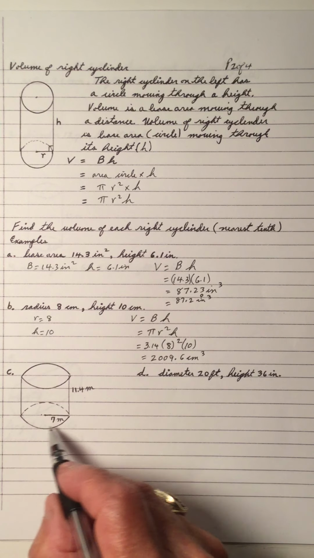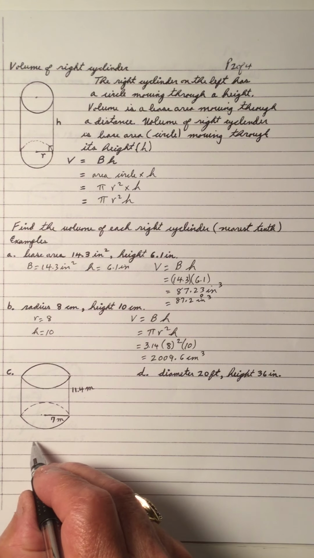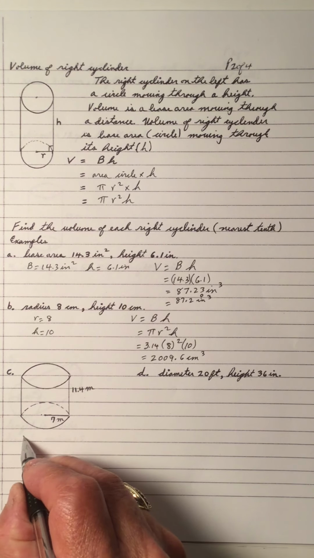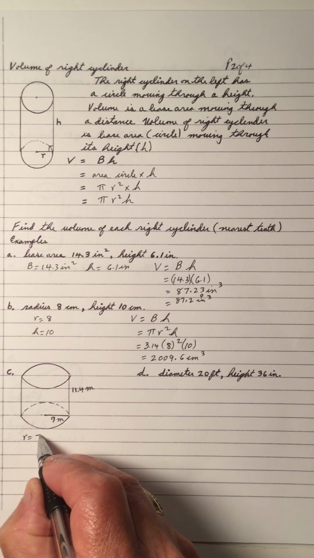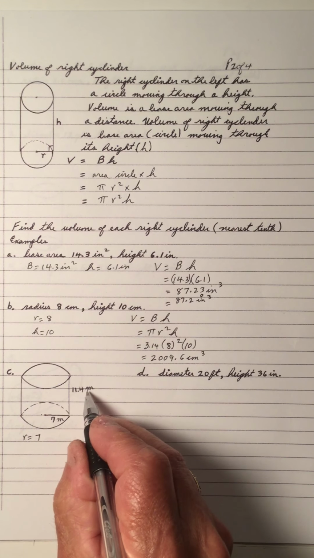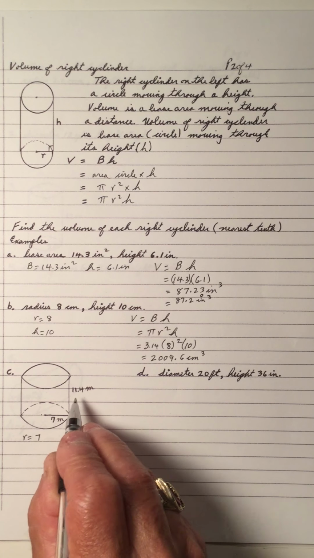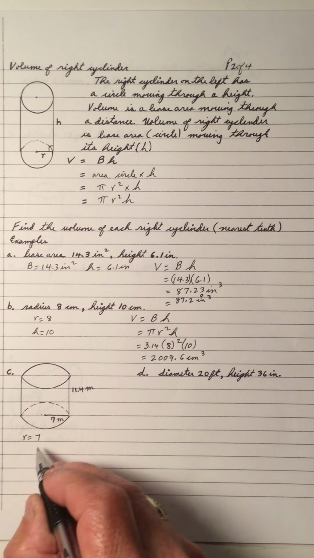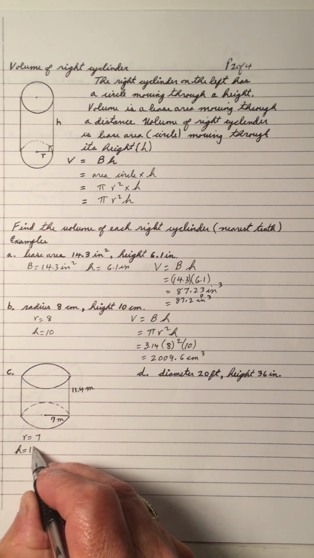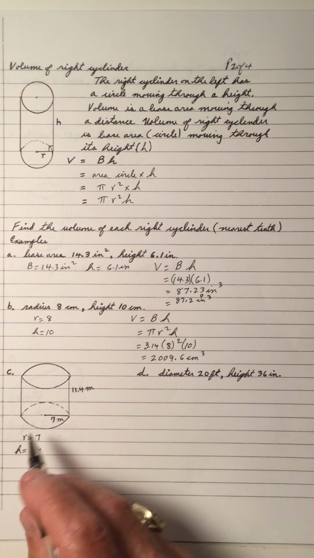C, I have a cylinder drawn here. The radius on the bottom is 7, notice it's meters. And the height is 11.4, and it's all the same units, meters.